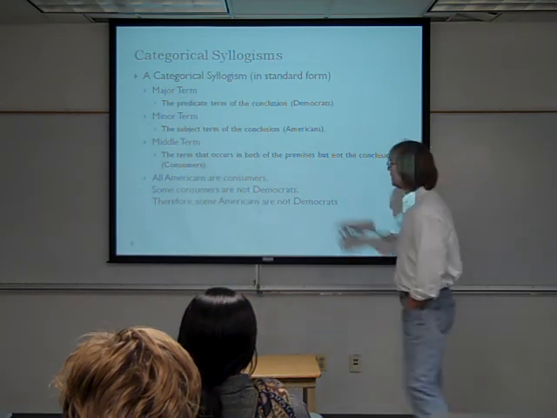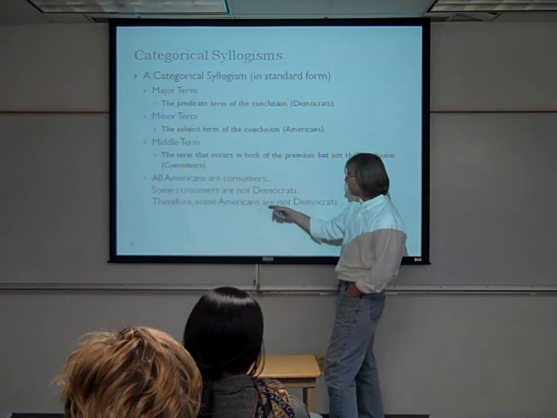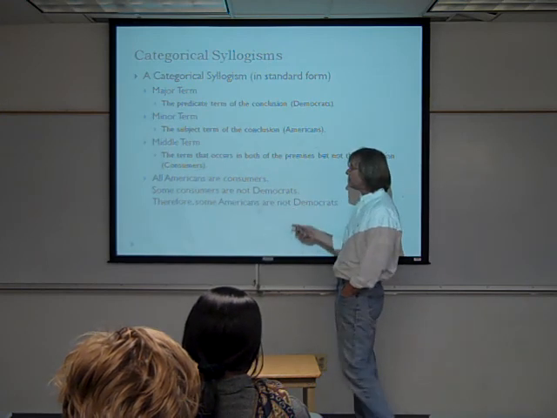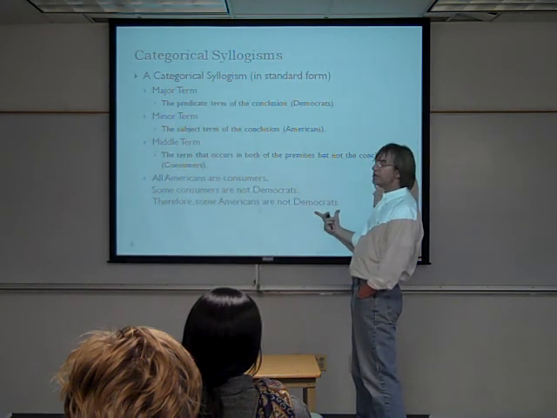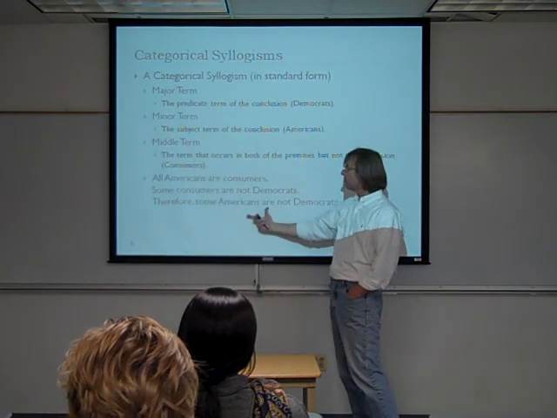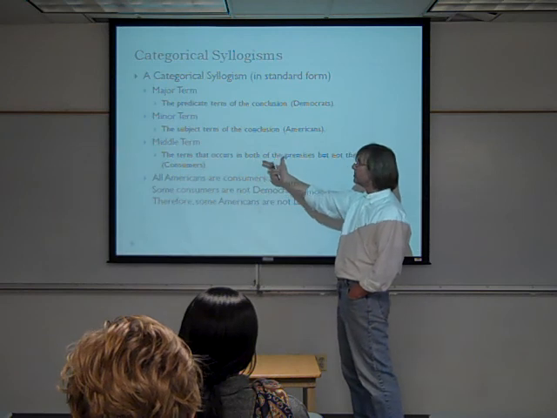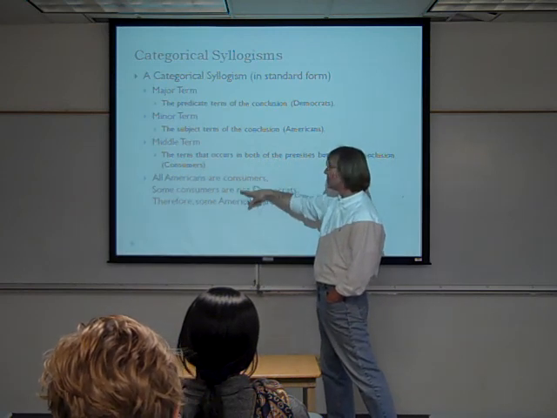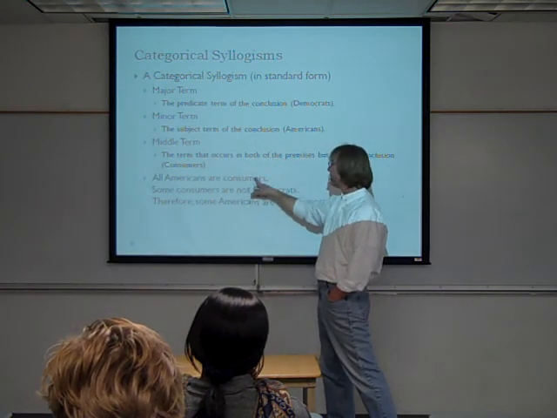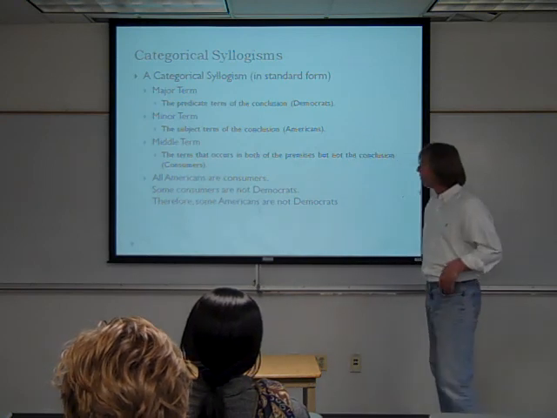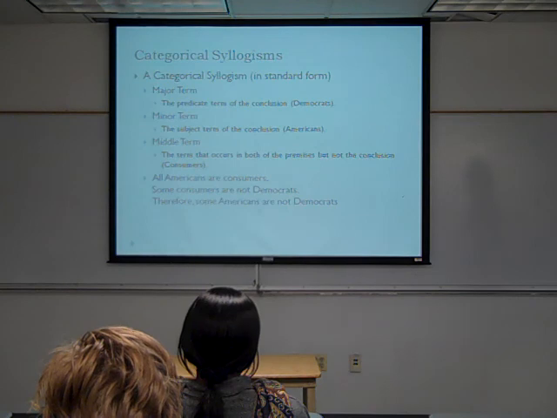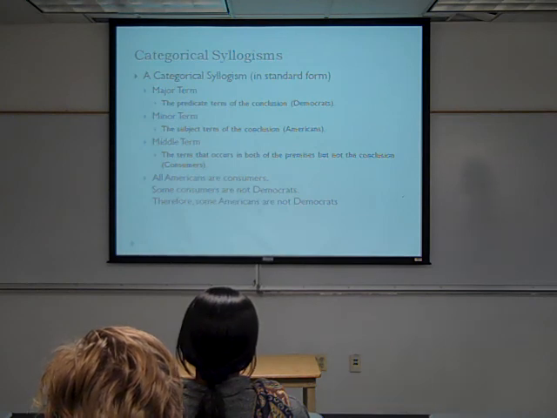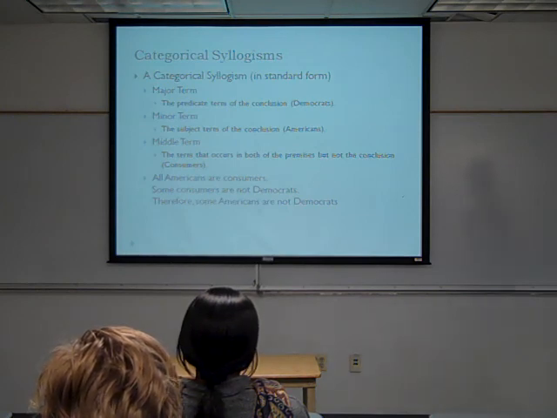Correct. This is a premise, this is a premise, and this is a conclusion here. And so the major term is going to be the predicate of the conclusion. The minor is going to be the subject of the conclusion. And the middle term is going to be the term that appears in the premises but doesn't appear in the conclusion. That'll be consumers. Questions, comments about categorical syllogisms? Very good.